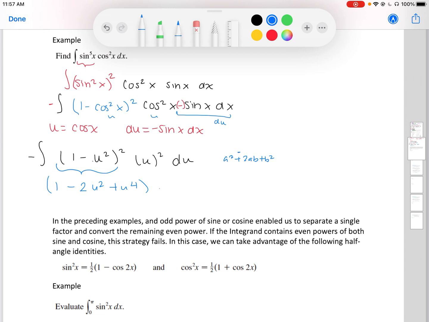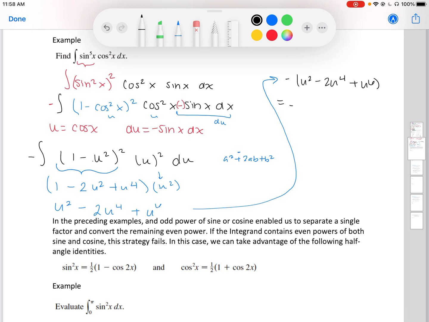Then we need to multiply the other u squared. So we have u squared minus 2u to the 4th power plus u to the 6th power. Alrighty, don't forget that negative in the front. So we have negative, u squared minus 2u to the 4th power plus u to the 6th power.